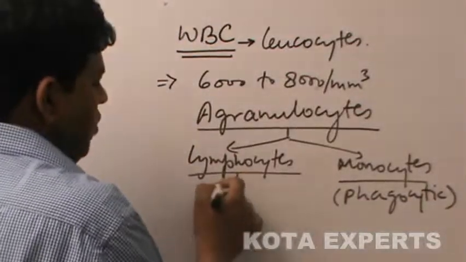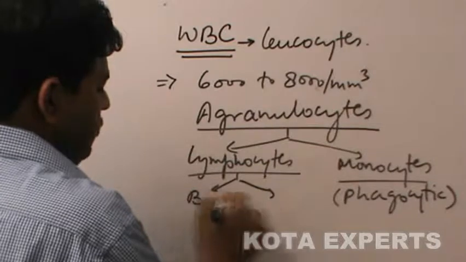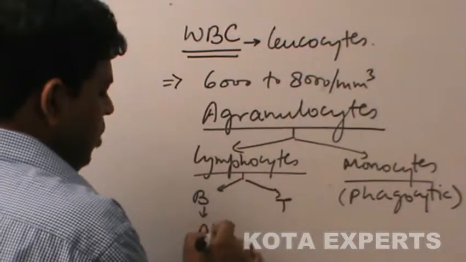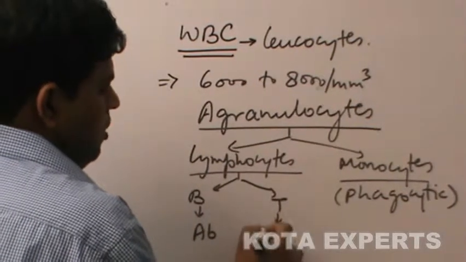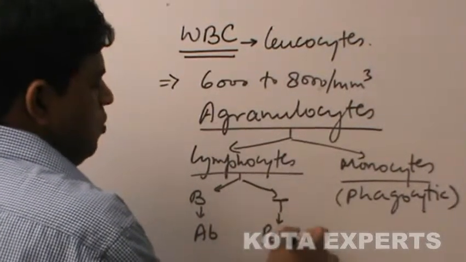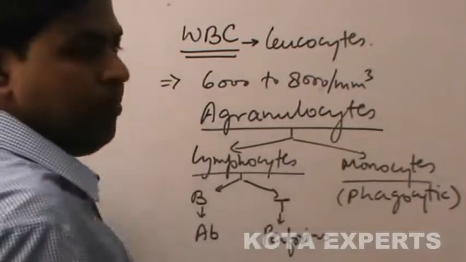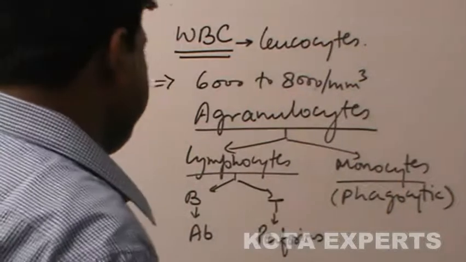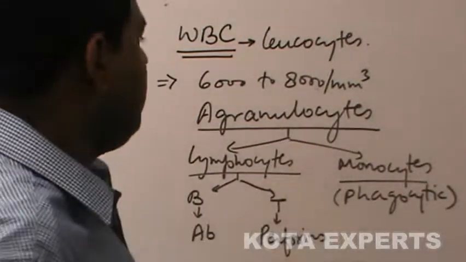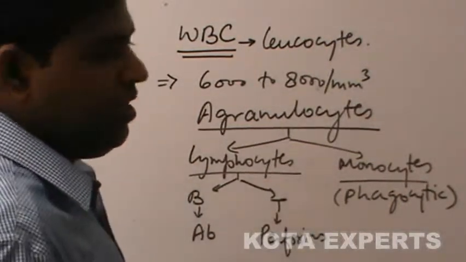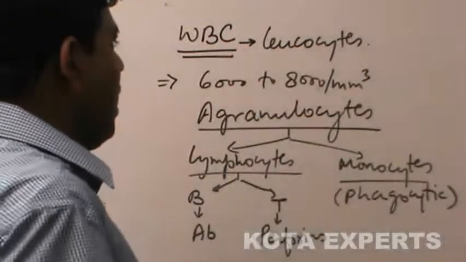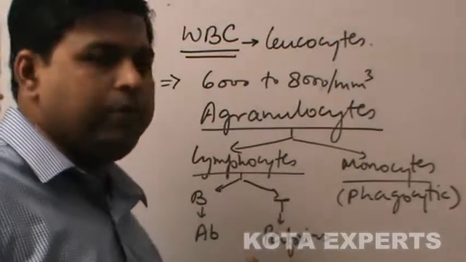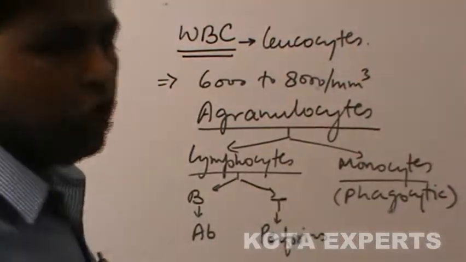And lymphocytes are of two types, B lymphocytes and T lymphocytes. B cells produce antibodies and T cells produce perforins to kill the foreign agent or the pathogen which can cause disease. Lymphocytes and monocytes are agranulocytes. The whole RBC, WBC as well as the platelets comprise the hematocrit volume.